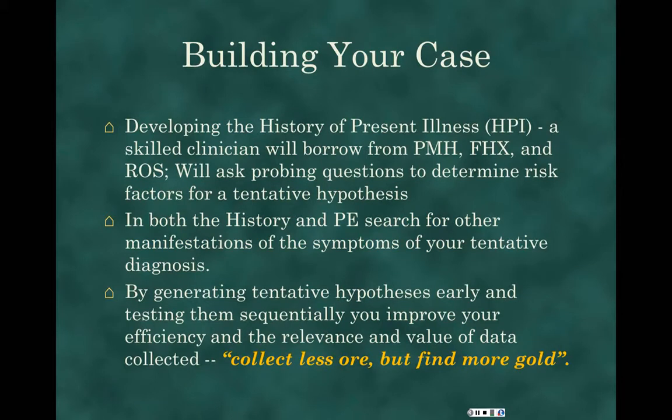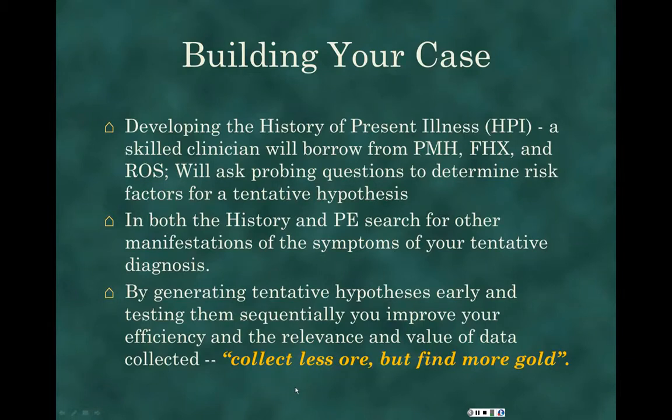When you're developing the history of present illness, a skilled clinician will borrow information from the past medical history, the family history, and the review of systems. They will ask probing questions to determine risk factors for a tentative hypothesis. In both the history and physical exam, search for other manifestations of the symptoms of your tentative diagnosis.